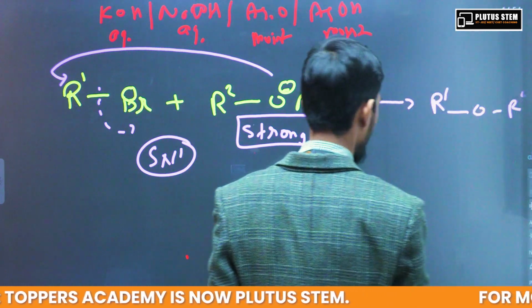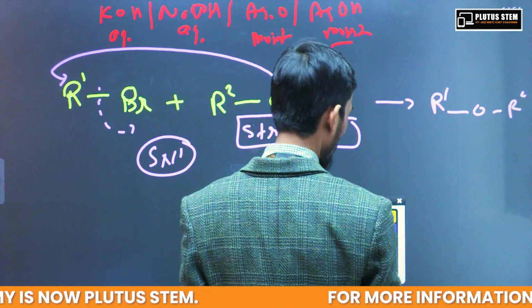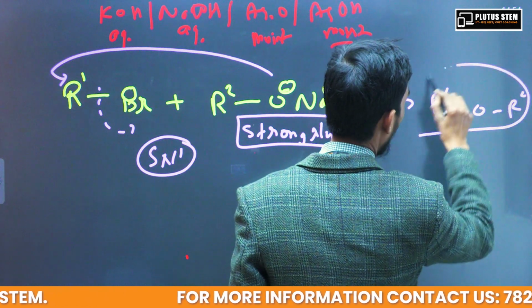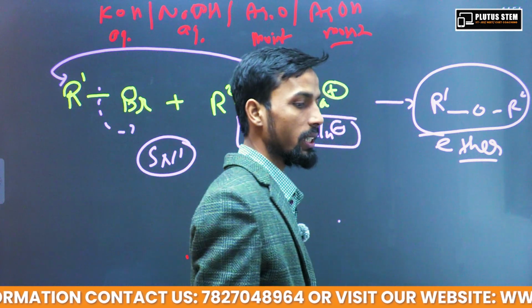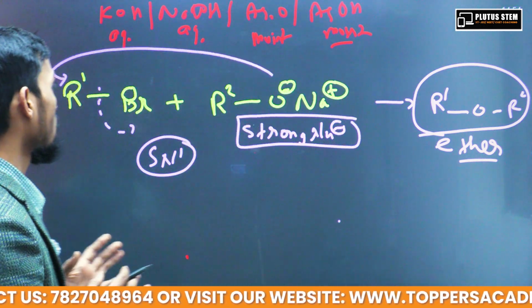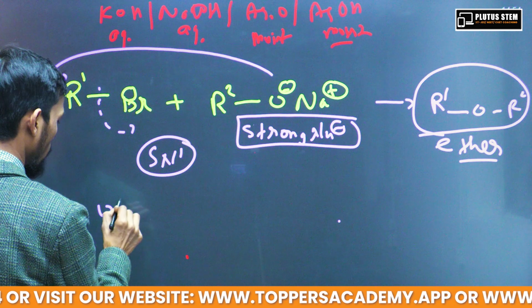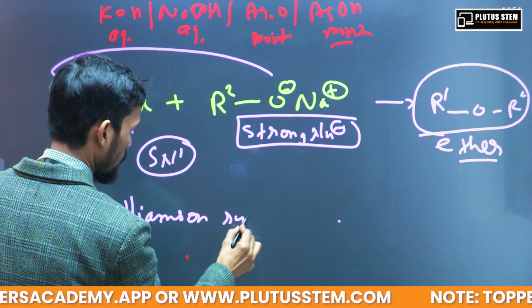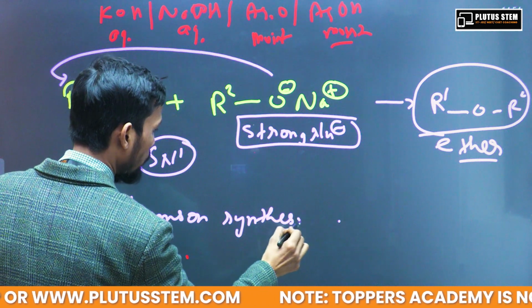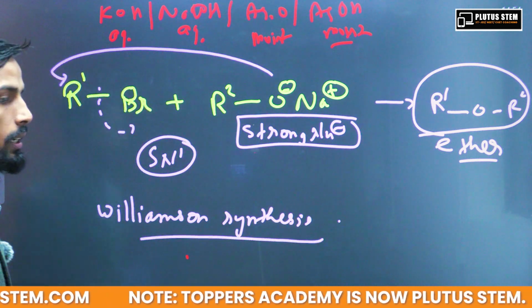So here we can visualize that the formation of ether is taking place, and this type of reaction is known as Williamson synthesis. Such type of reaction is termed Williamson synthesis.